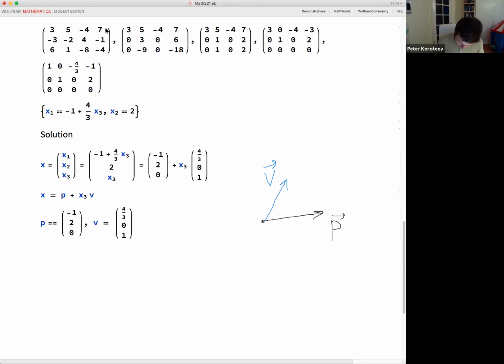So we can continue this. This will be x3 times v. And then when you add them together, the addition would look like, using the parallelogram rule, like this. So this red vector is p plus x3 v.